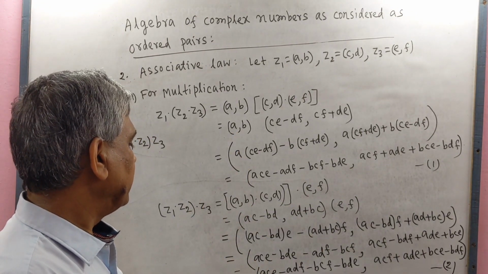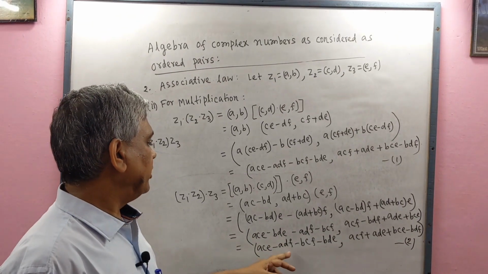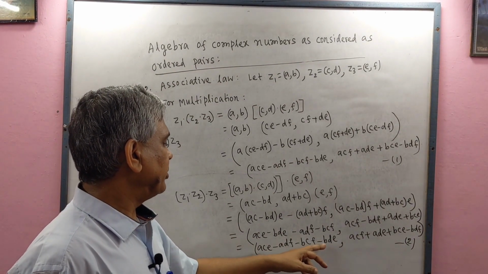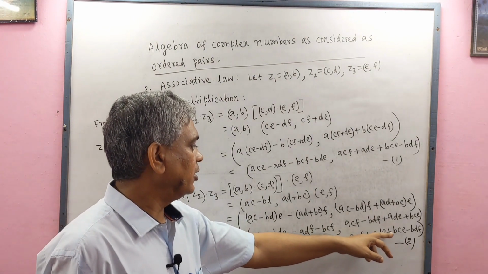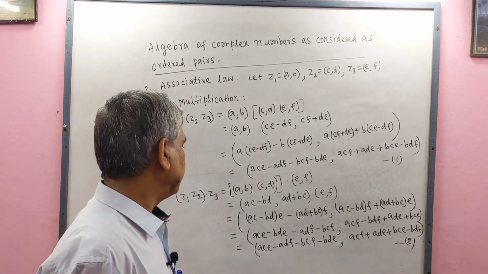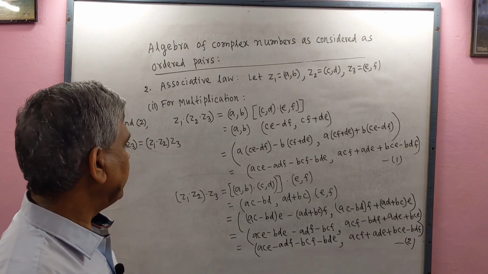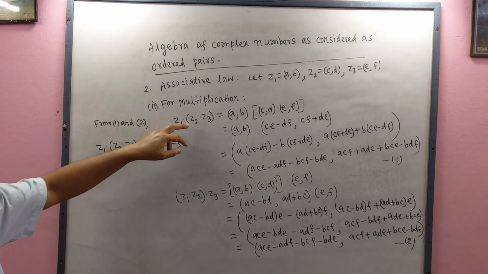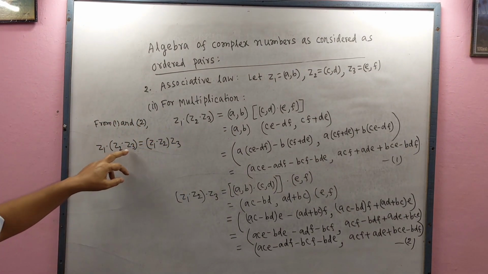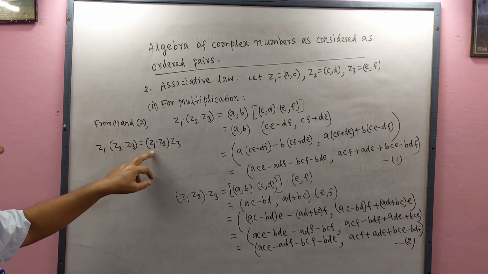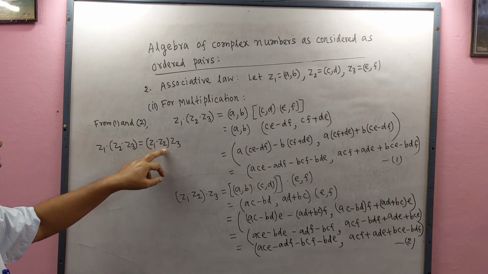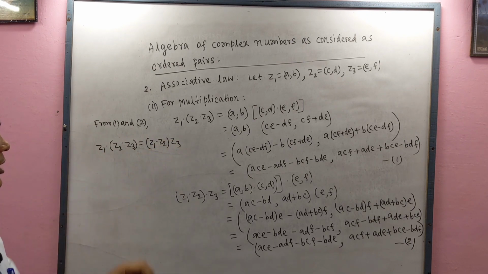We will get (ace minus adf minus bcf minus bde, acf plus ade plus bce minus bdf). From 1 and 2 we get that Z1 (Z2 Z3) equals (Z1 Z2) Z3. So associative law holds for multiplication.